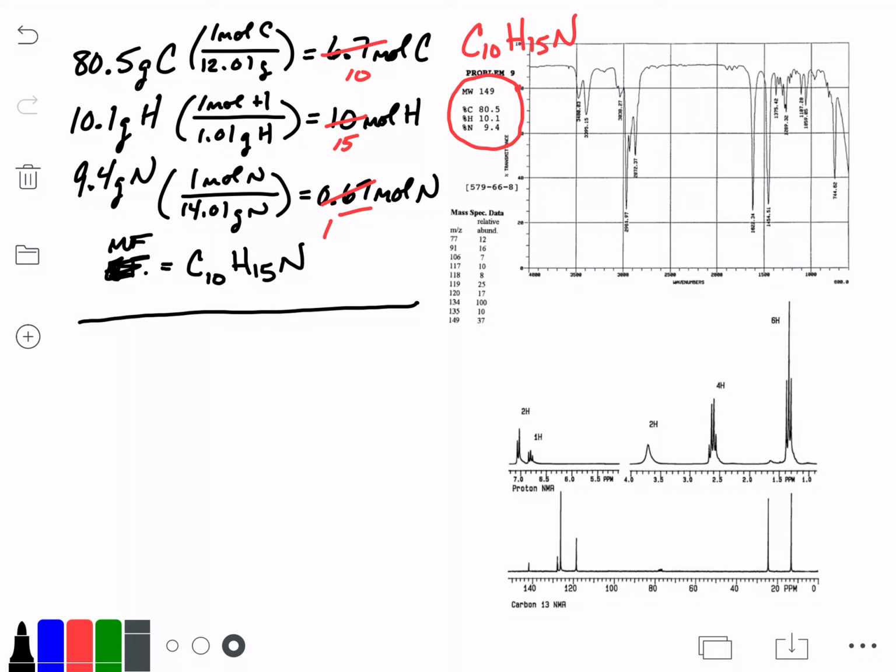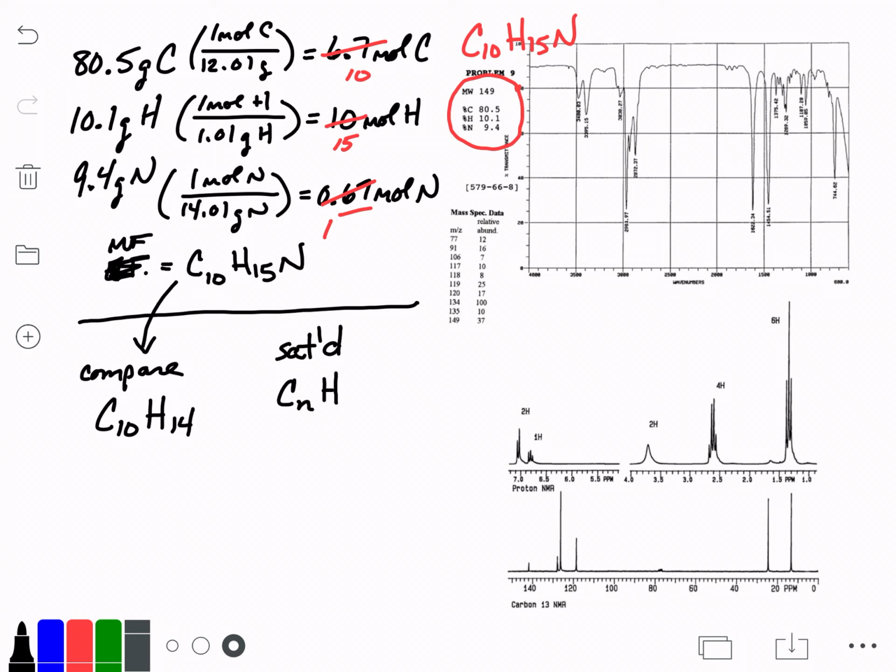The next thing we want to do is to figure out how many degrees of unsaturation we're dealing with. And this is covered in the Klein textbook at the end of chapter 14, where he talks about hydrogen saturation. I talked about it in Organic 1. What we'll be doing is converting this by taking care of any halogens, oxygens, or nitrogens. The rule for nitrogen in this case says that we take away one hydrogen for every nitrogen that's present.